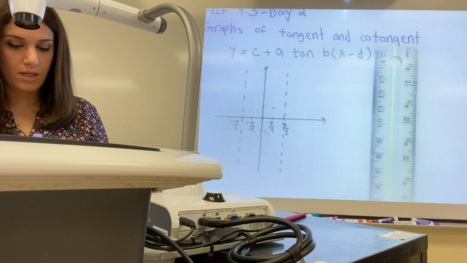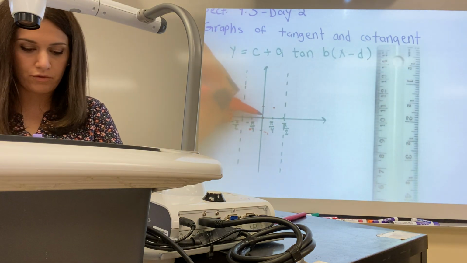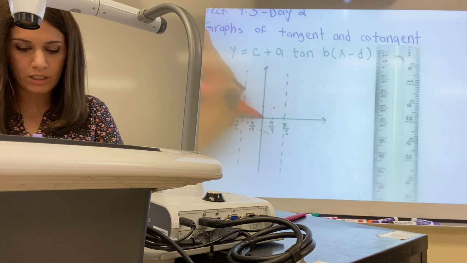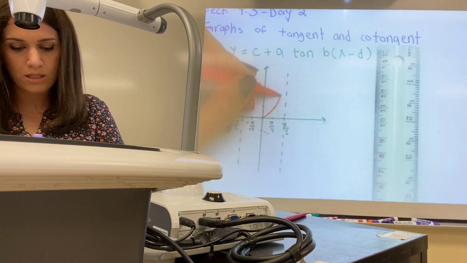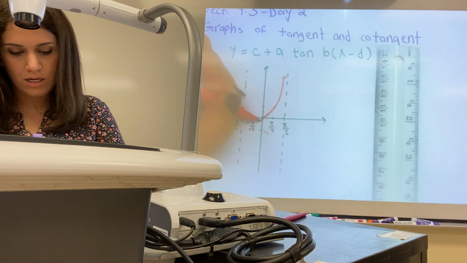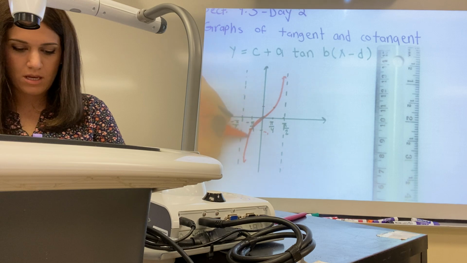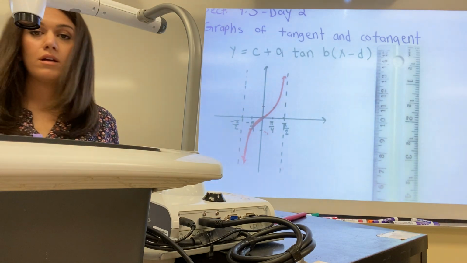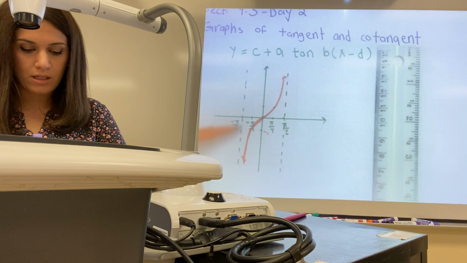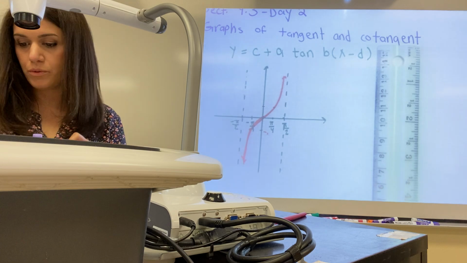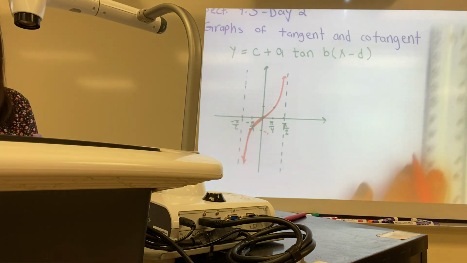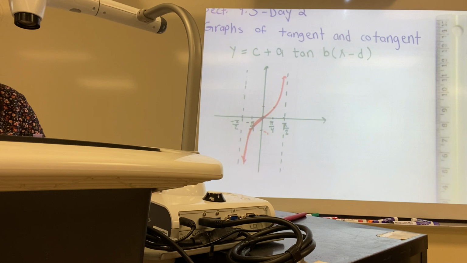So now I'm ready to graph the tangent function, and the tangent graph will look like this. As you see, it goes from negative infinity here and up to positive infinity. Okay, so we will say that the graph goes through the origin, 0, 0.